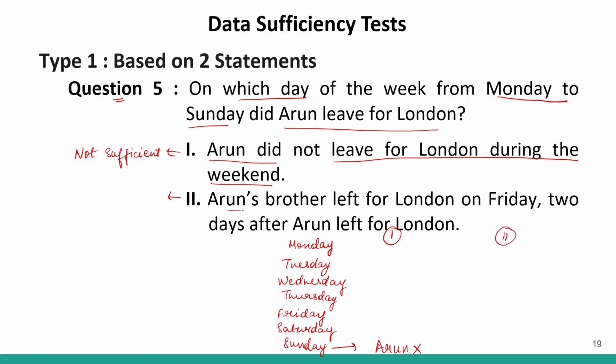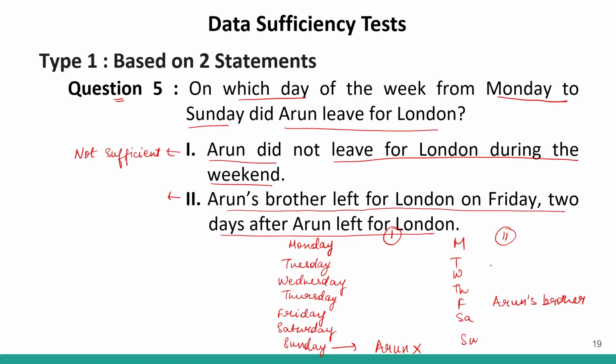Statement number 2 says that Arun's brother left for London on Friday. So let's say this is Monday, Tuesday, Wednesday, Thursday, Friday, Saturday, Sunday. Arun's brother left for London on Friday, and this is 2 days after Arun left for London.